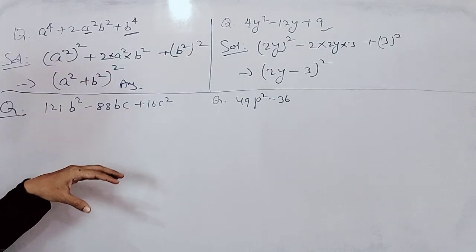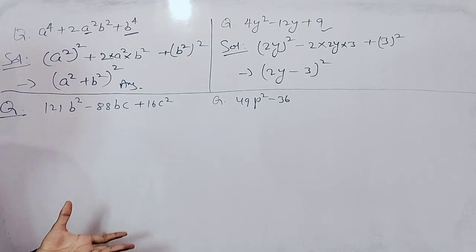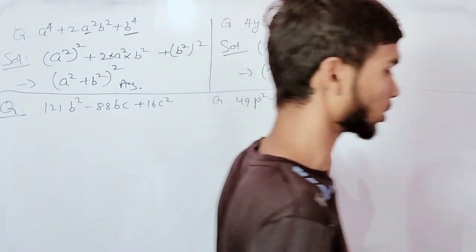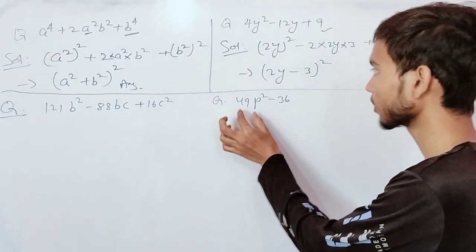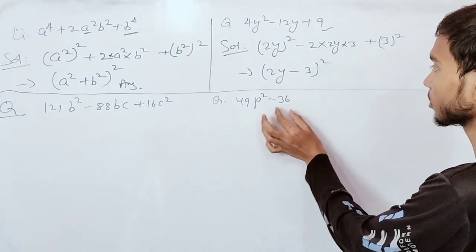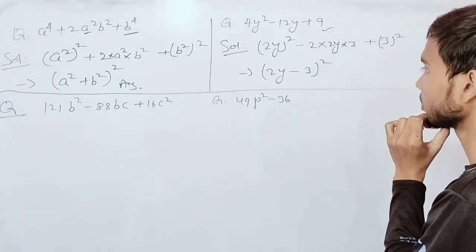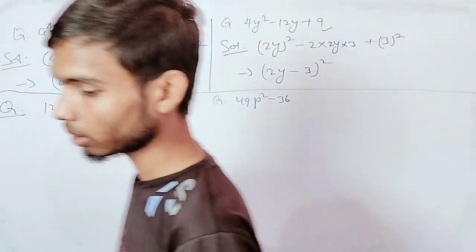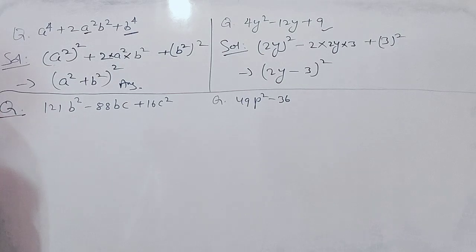Are these terms giving you a perfect square or not? If yes, then we can apply algebraic identities here. And here, look at the same. Look at the first term and the last term. Is it giving you a perfect square or not? Then tell me.